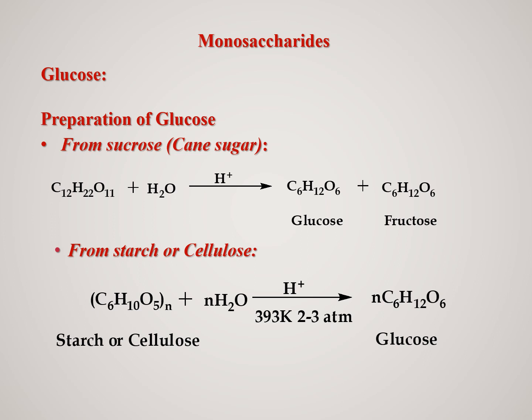When we subject it to hydrolysis in an acidic medium and 2 to 3 atmospheric pressure and 393 Kelvin temperature, you obtain glucose. So the two methods of preparation of glucose could be either from a disaccharide, sucrose, or from a polysaccharide, starch or cellulose.